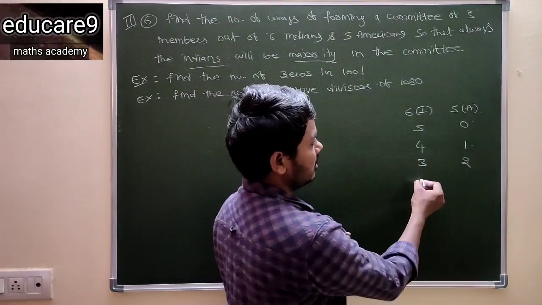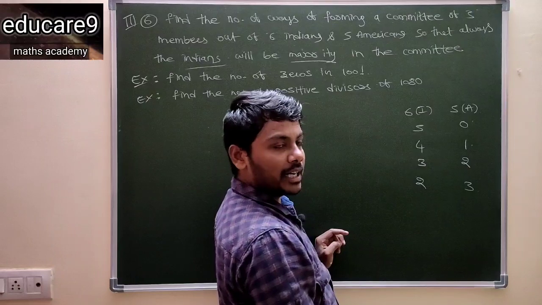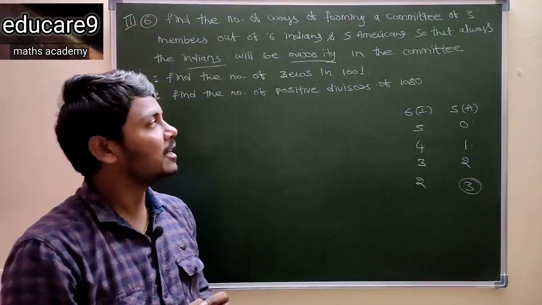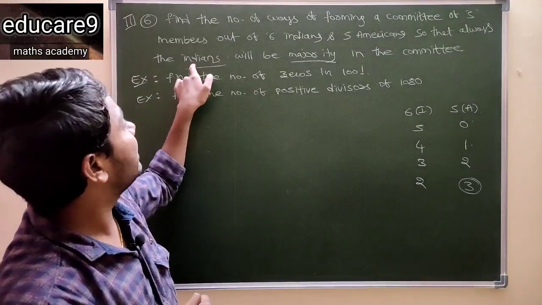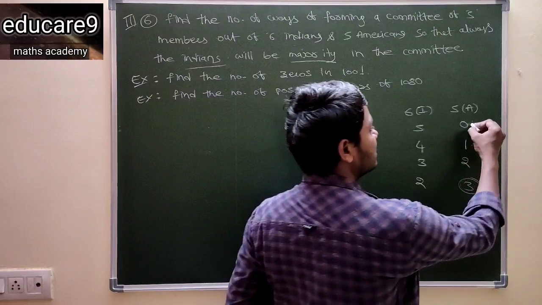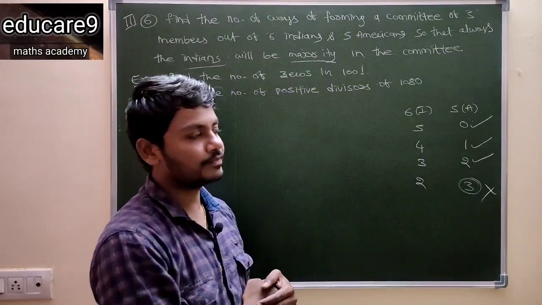Next, if 2 are Indians, then Americans are 5. But here Americans are majority. Here, the Indians will be majority in the committee. So total these 3 possible ways. This is not possible. Okay.